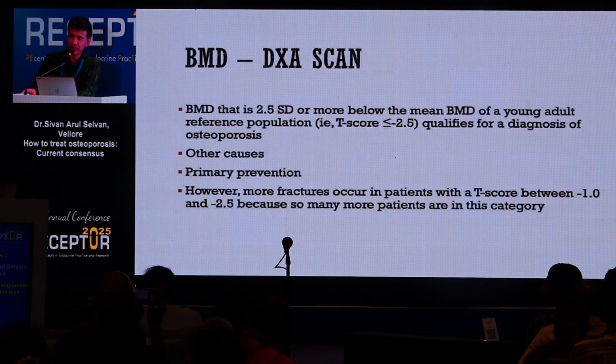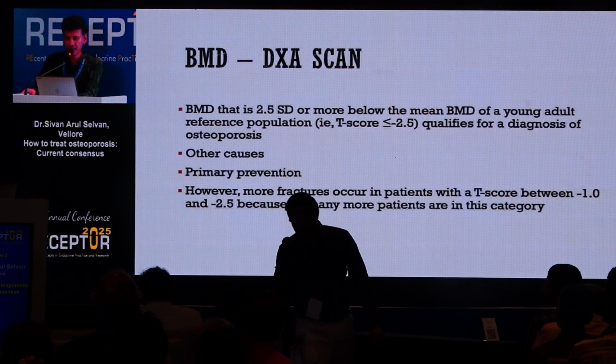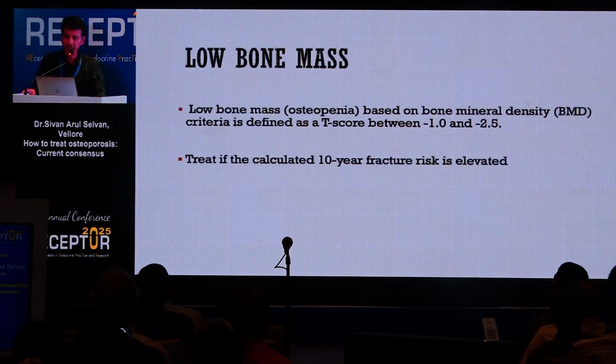But many times the fracture occurs in the group where the BMD is borderline, between -1 and -2.5, that is called osteopenia or low BMD. So in these patients, when do you choose treatment? You calculate the 10-year risk of future fracture based on a risk score. If the patient fits into the risk score, then you treat.